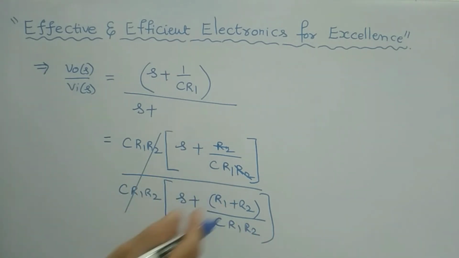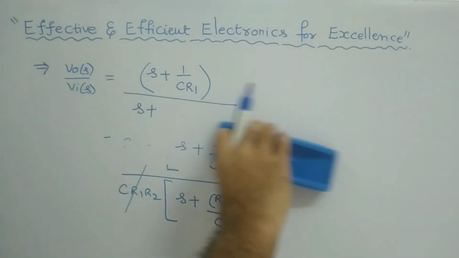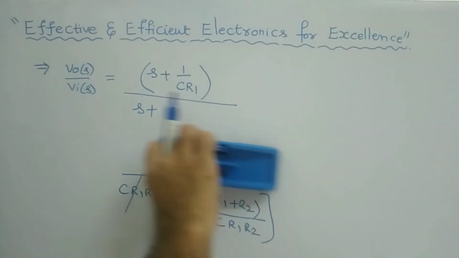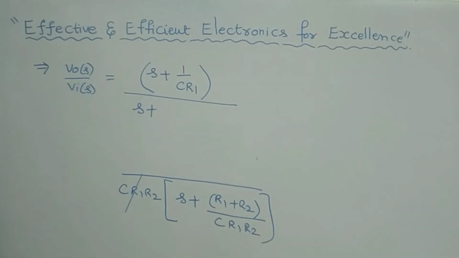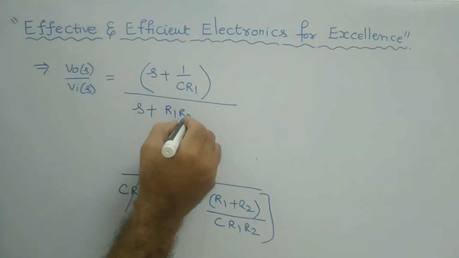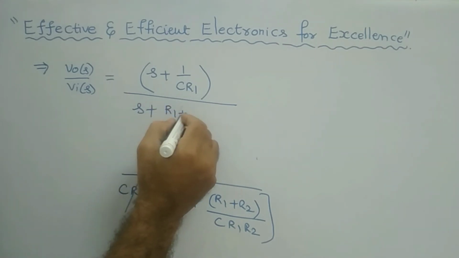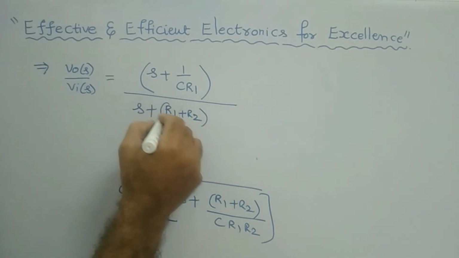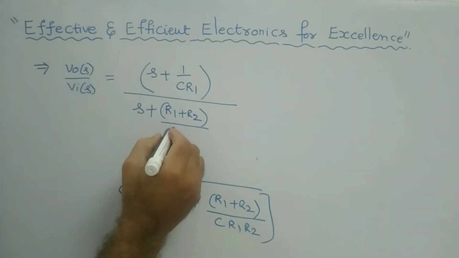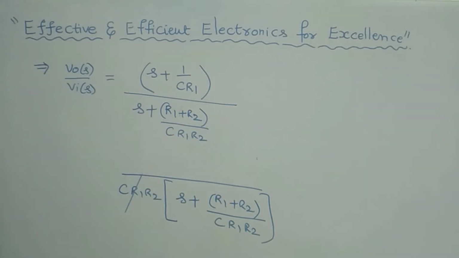For this, what I can write, just I will write for you just to see. A small thing actually. S plus what you will have here? I will write as it is, R1 R2, R1 plus R2 by C into R1 R2, this is the product.